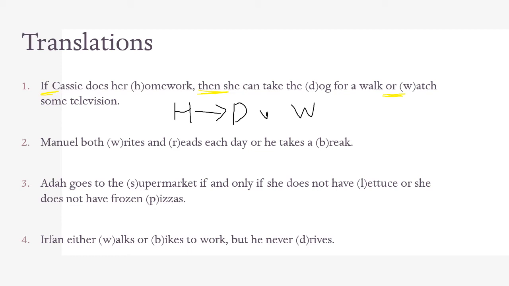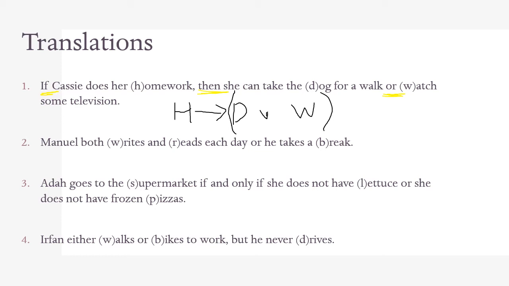In this instance, it seems like the comma is telling us that the possibility is either she takes the dog for the walk or she watches some television. So the conditional statement, when we satisfy the condition, she does her homework, she'll either take the dog for a walk or watch some television.